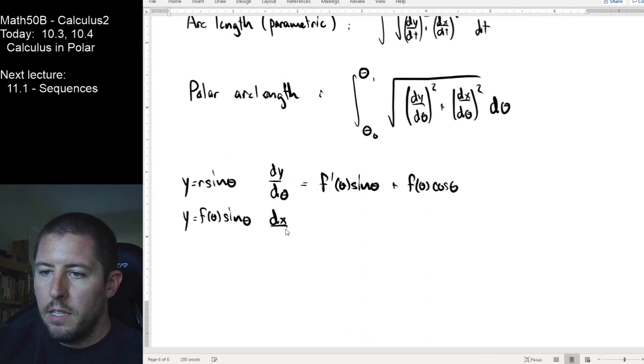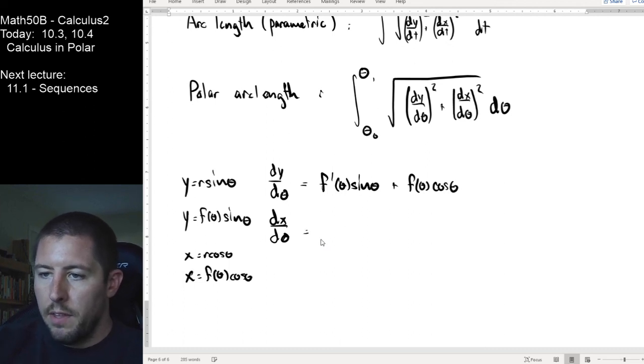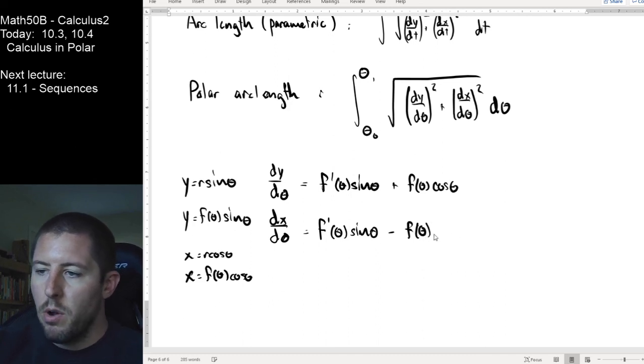And we've got dx d theta when we're thinking of x equals r cos theta, or more appropriately, x equals f of theta cos theta. We're going to get the derivative of f. And I know that minus sign is coming up. We are doing the product rule here, but that minus sign is going to come from the derivative of cosine as negative sine of theta.